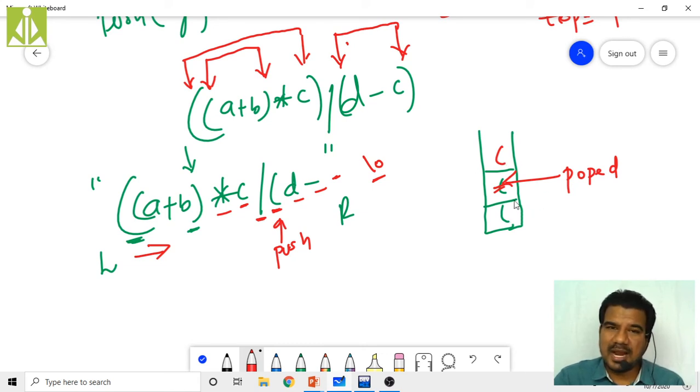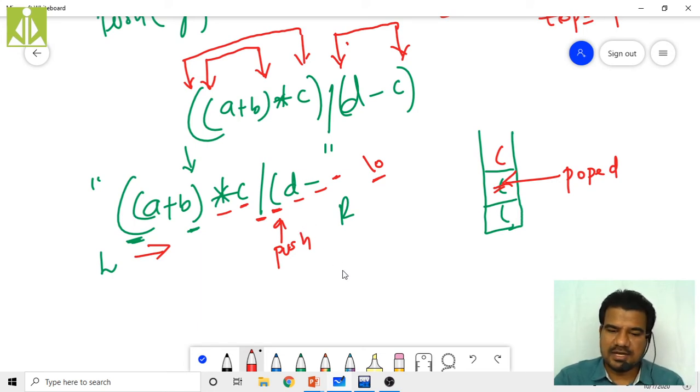If any opening bracket is present inside the stack, that means your expression does not have balanced parentheses. As in this case, I have two opening brackets in my stack, so my expression is not parsed properly. Not parsed properly means I don't have parentheses balanced in my expression.